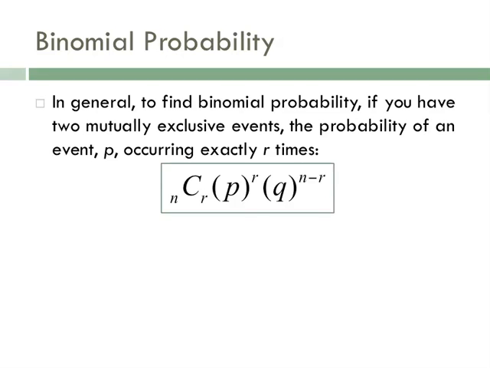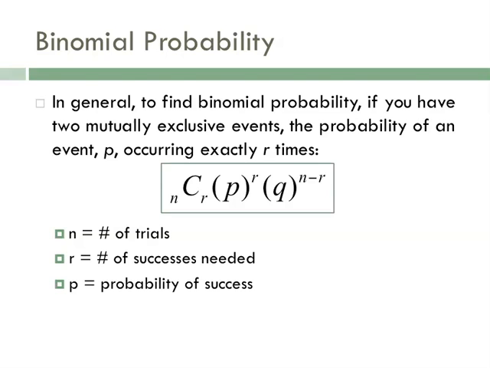And that's how we get that exponent there. So just as a reminder of what everything represents, N is the total number of trials, R is the number of successes that are needed, P is the probability of success, and then Q is the probability of failure, which you can also find by doing 1 minus P, because P and Q are the only two possible outcomes.